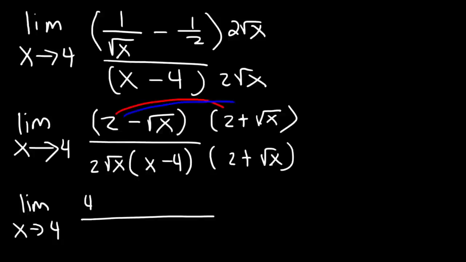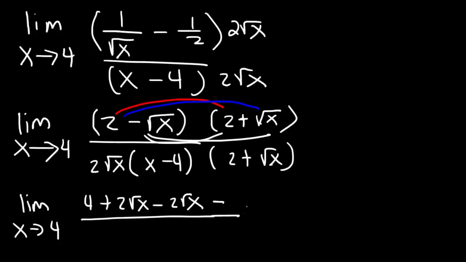And then we have 2 times the square root of x. And then these two, that's going to be negative 2 square root x. And negative square root x times positive square root x is going to be negative square root x squared, which is negative x. And in the denominator, don't FOIL, just rewrite what you have.